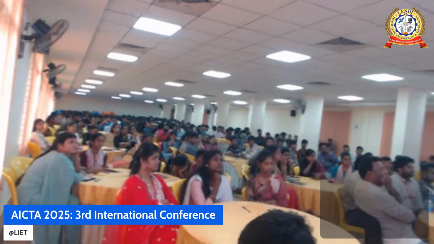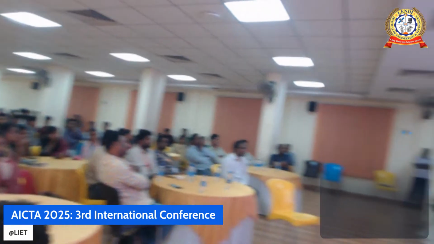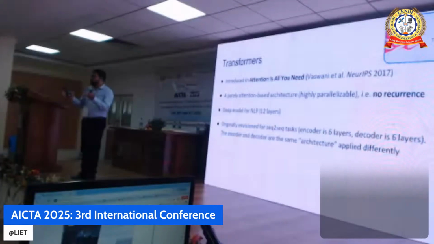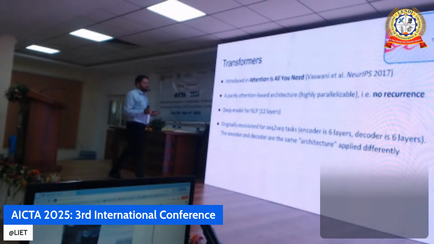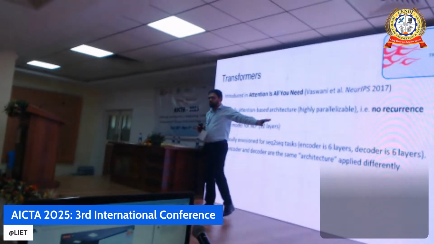There is a concept called self-attention followed by parallelization, where RNN doesn't have parallelization. It's a sequential thing. You have to give it word by word, it processes one word and then the next word. But here parallelization is there, it is highly parallelizable. How it is highly parallelizable, we'll see.